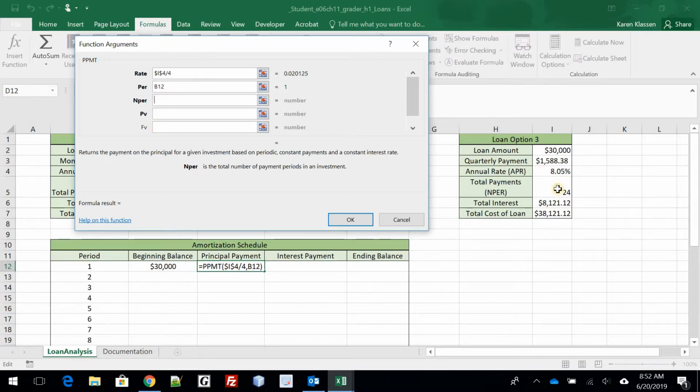Our NPER is I5. And absolute reference that. Our present value is a negative 30 grand, and we're going to absolute value that.